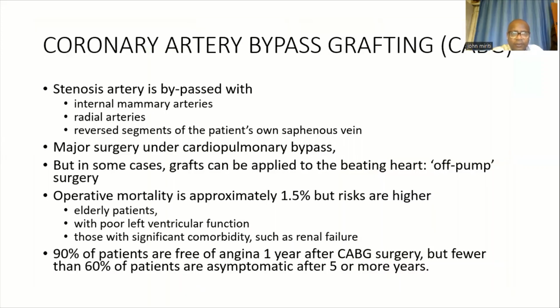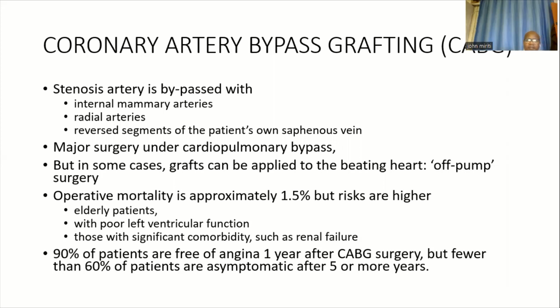Then we have what is called coronary artery bypass grafting. In this case, the stenosed artery is bypassed with the internal mammary artery. The internal mammary artery is harvested, or the radial artery is harvested. Then a reverse segment of the patient's own saphenous vein, the saphenous vein can also be harvested. It is major surgery with cardiopulmonary bypass, but in some cases the graft can be applied to the beating heart, or sometimes off-pump surgery.